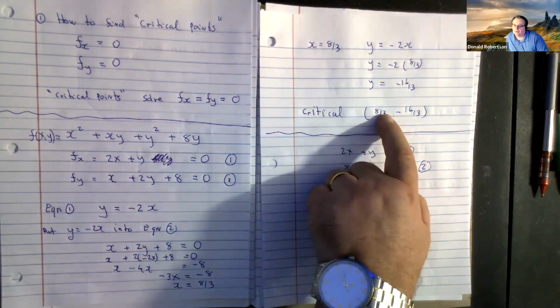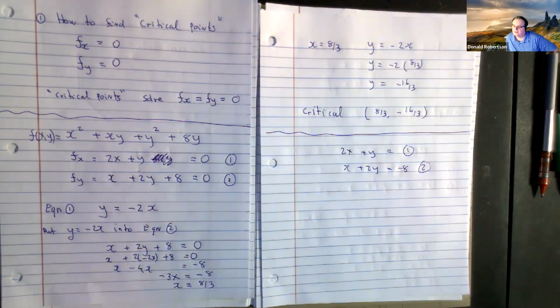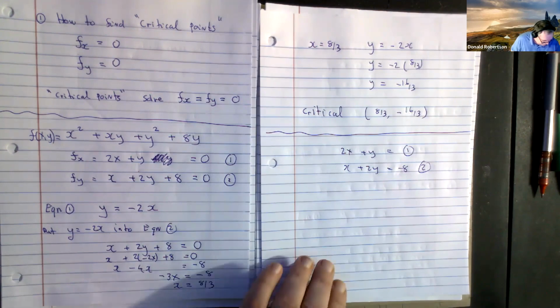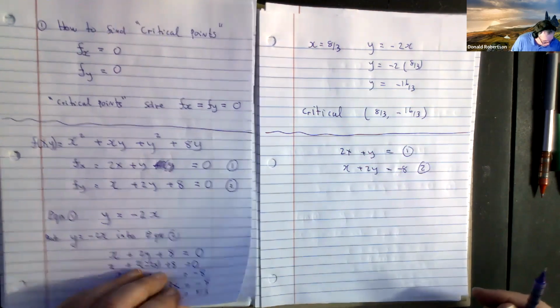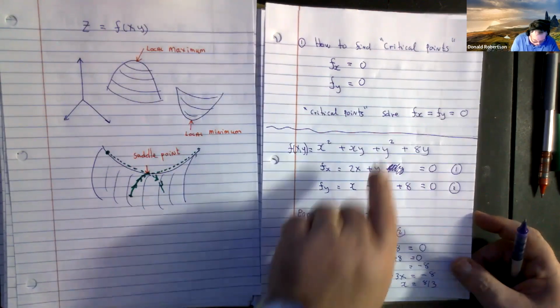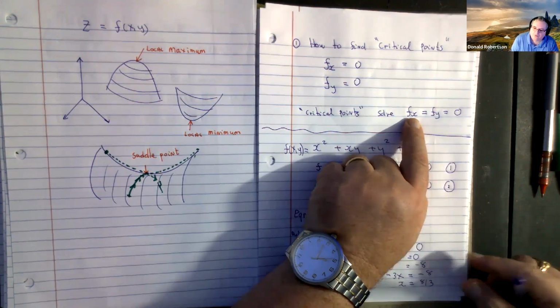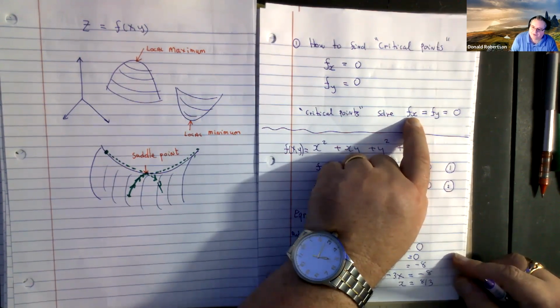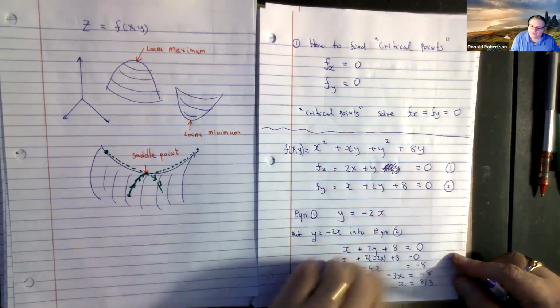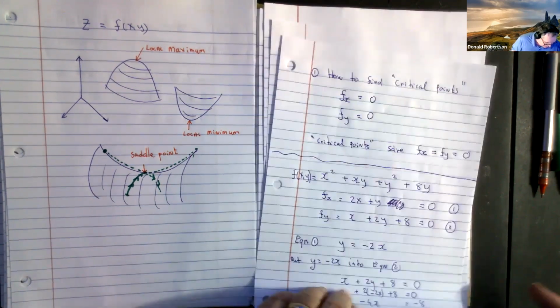And can you trust me, you end up with that solution? Just a different approach. So that is how you find the critical points. You find the pair of x and y where the partial derivatives with respect to x and with respect to y are both equal to 0 at the same time.